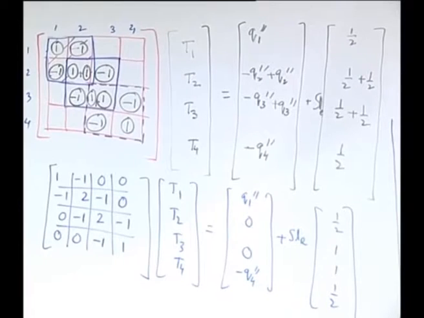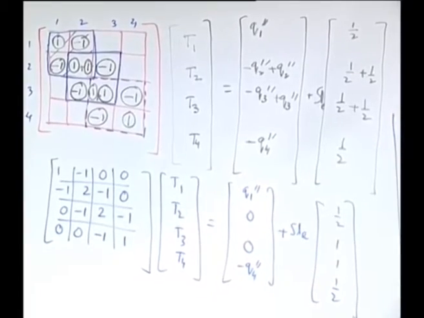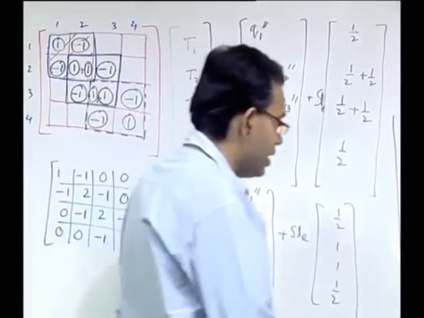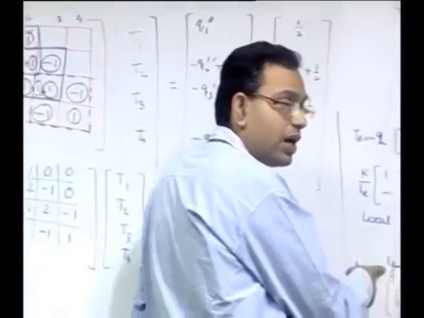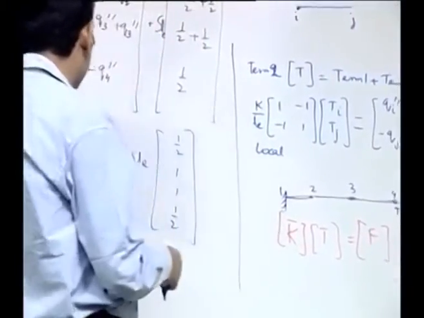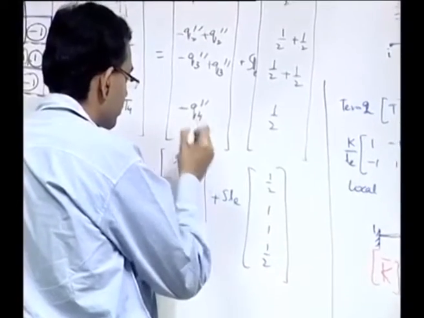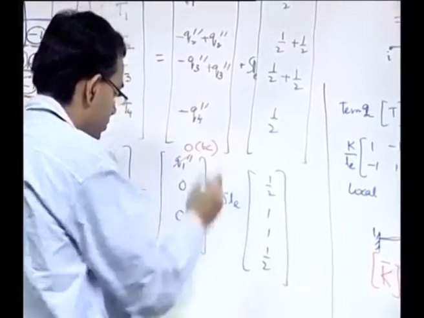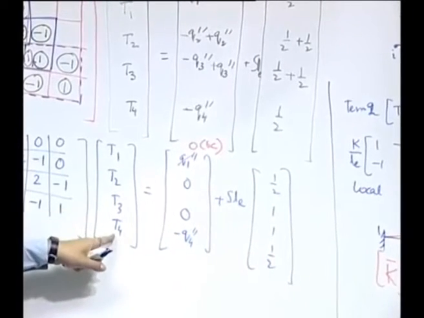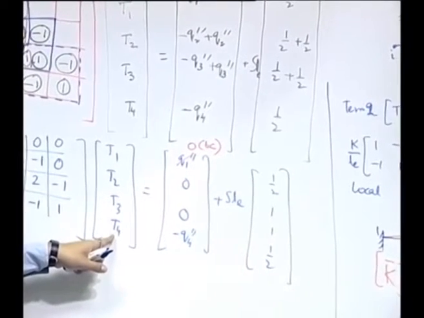Now, you can complete the problem by imposing the boundary conditions. What are the boundary conditions that we had given? At x equal to 0 the heat flux is 0, it is insulated. So, this is 0, this is one boundary condition, and at 4, T4 is specified.